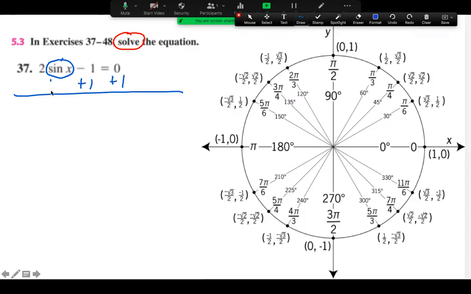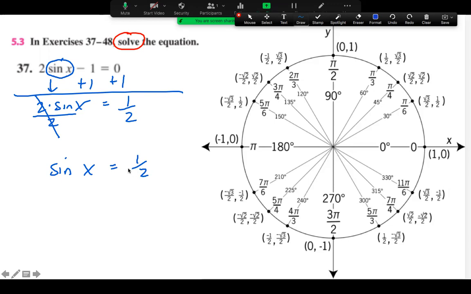So now I'm going to bring down my 2 sine x, and that equals 0 plus 1 is 1. So I'm close to isolating my function of sine x, but I don't have sine x. I have 2 times sine x. So to undo 2 times, I divide both sides by 2. So the 2's cancel. So I have sine x equals 1/2.